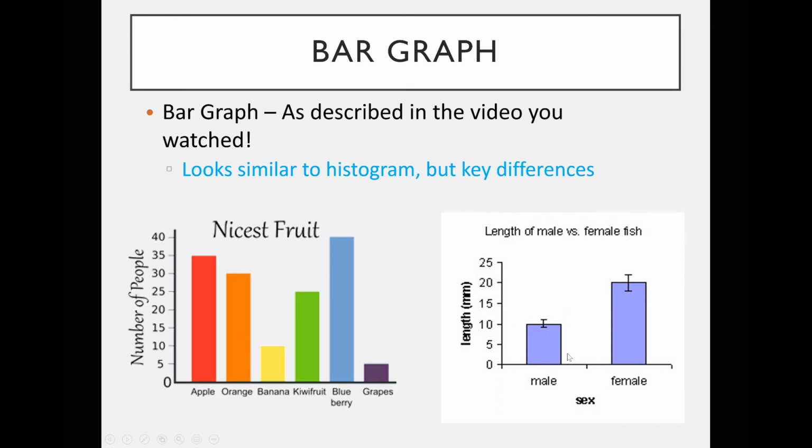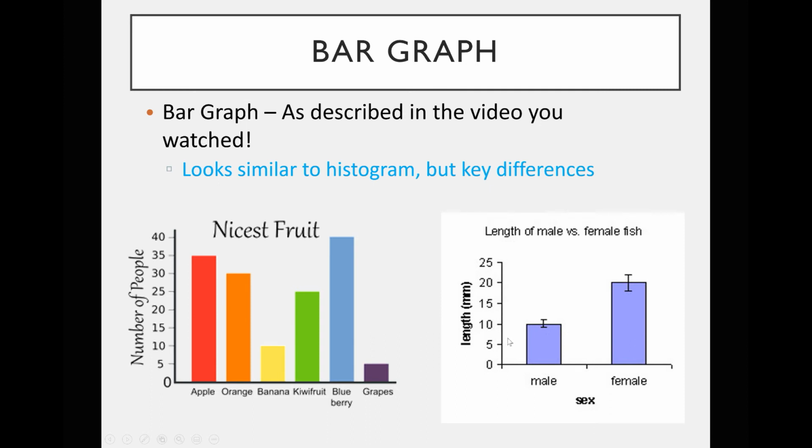It's split by males and females. It looks like the males are quite a bit smaller in length. I guess they wouldn't be shorter if they're fish. Are shorter in length than the females. The females, it looks like, are about twice as long as the male fish, which is interesting, right?